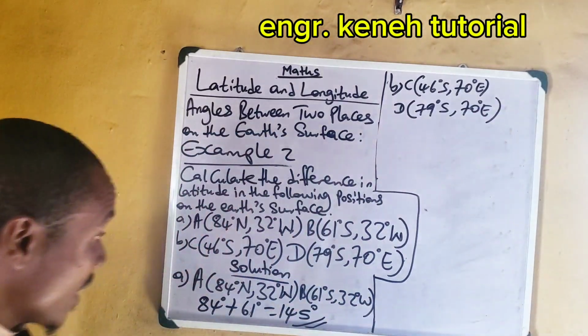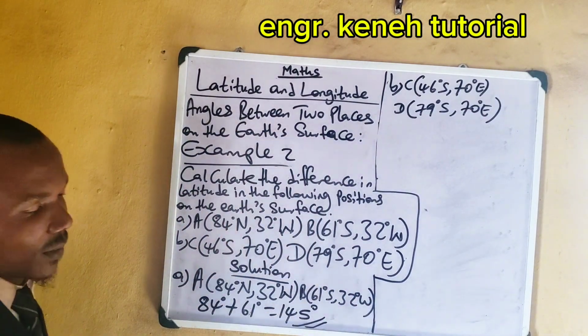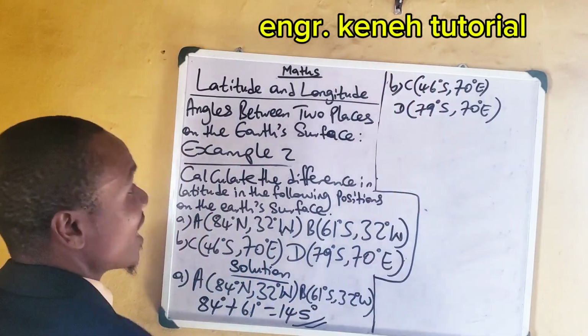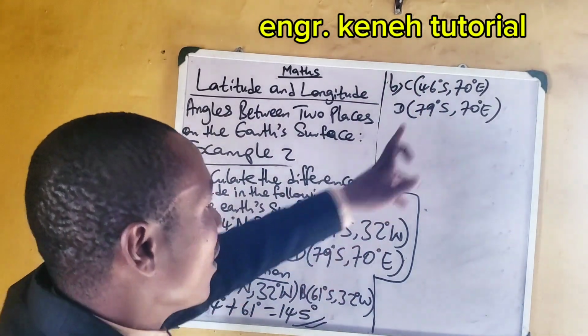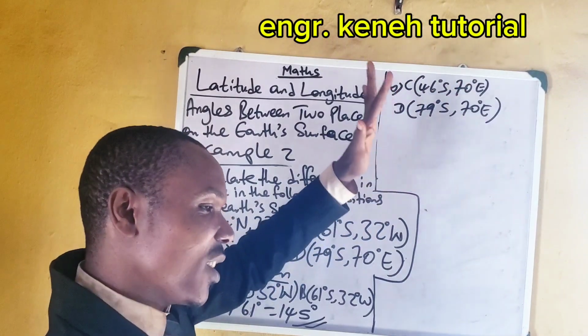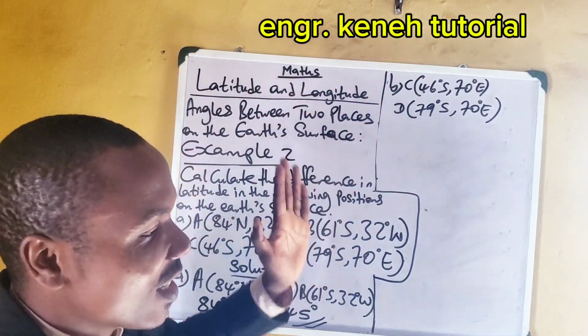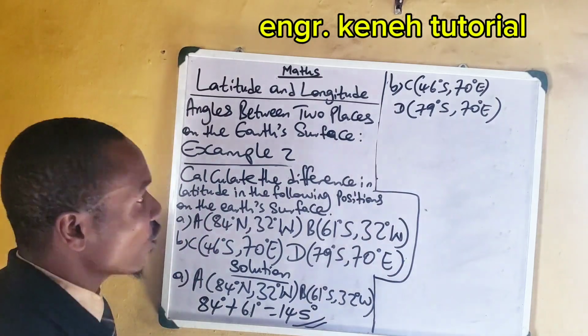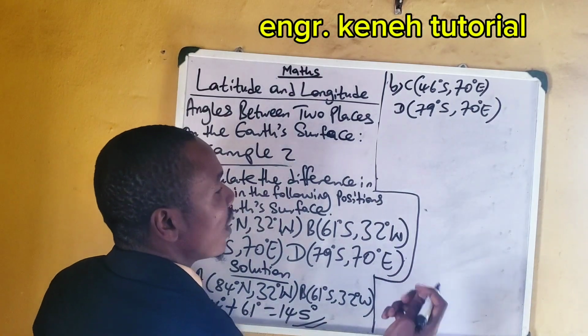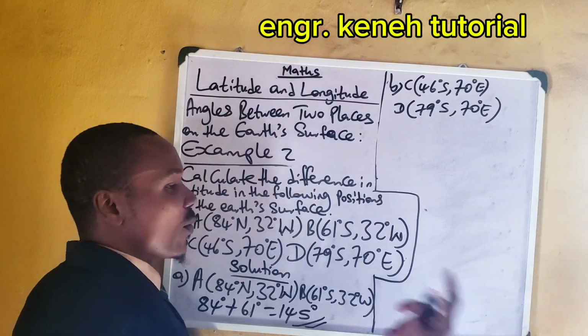All right, when you look at this now, the latitude we have, south and south. This one is on the southern part of it. This one also south. So they are on the same direction. Remember I said the same direction, you do subtraction. You have the smaller one subtracting from the bigger one.